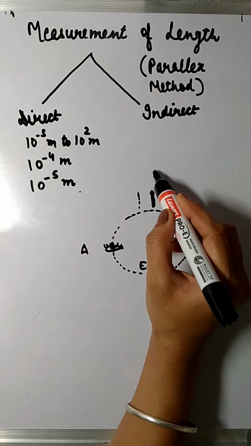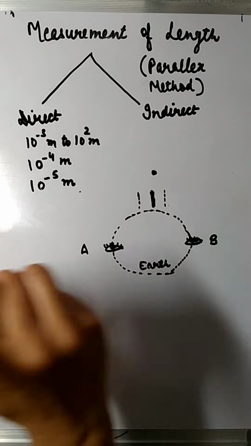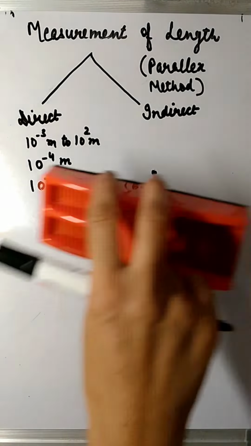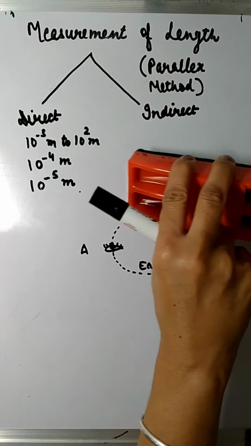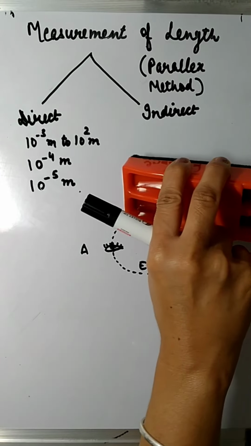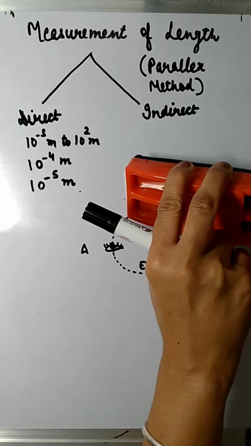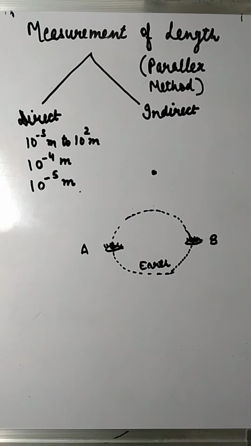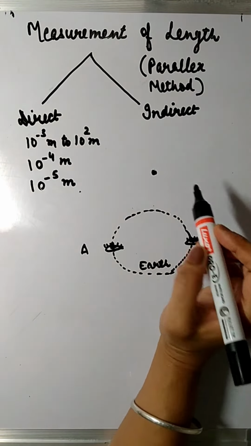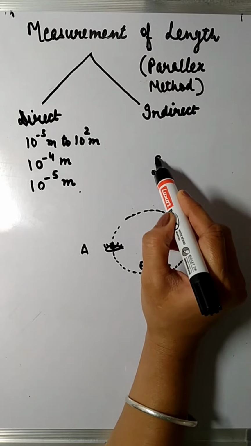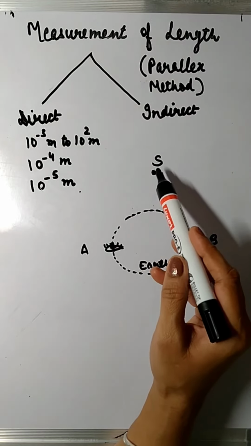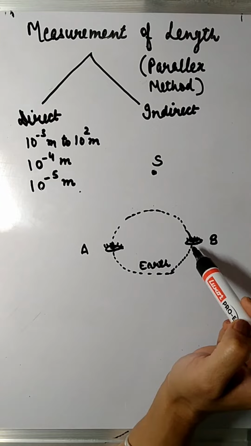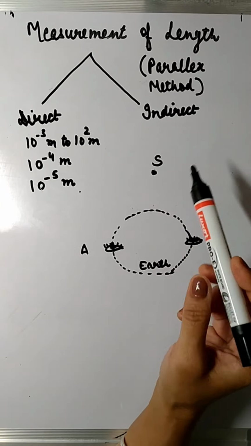And let us assume that this is the planet. Instead of the pencil here, we have a planet now whose distance we want to measure. So let us assume that this is the planet S, and we want to measure its distance from Earth. And so we make use of this parallax method.